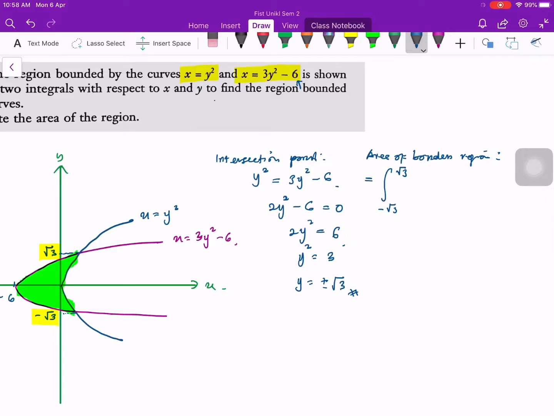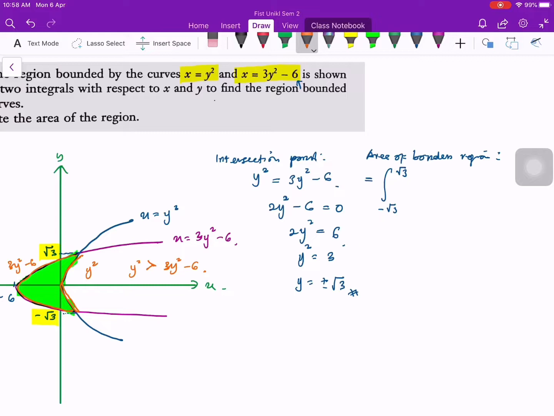For this case we look at which graph is on the right side. The graph on the right side is y squared, and this curve is the graph of 3y squared minus 6. So we can say that y squared is greater than 3y squared minus 6.